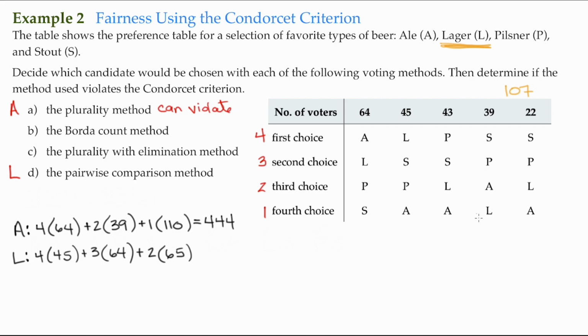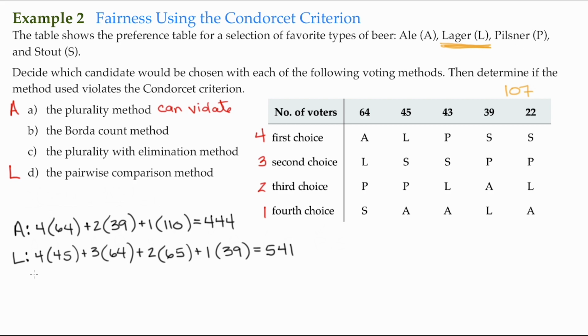And then 39 right here, so 1 times the 39. Of course, we go ahead and tally it all up, and this comes out to be 541 points. So using the Borda count method, Lager gets 541.